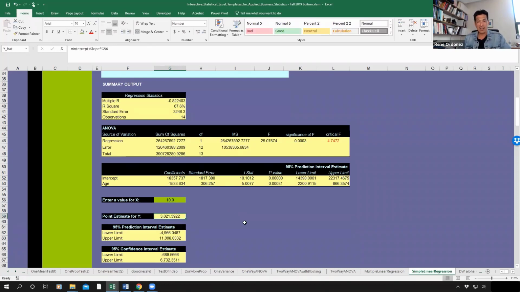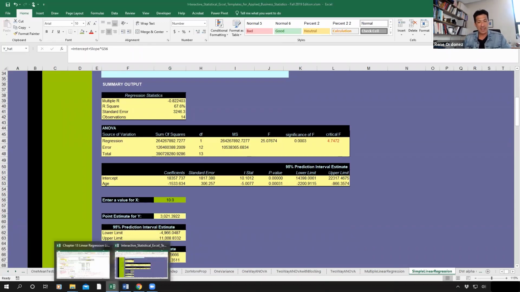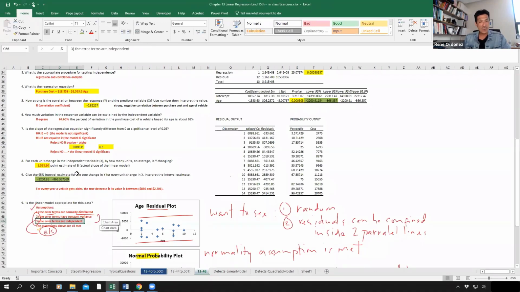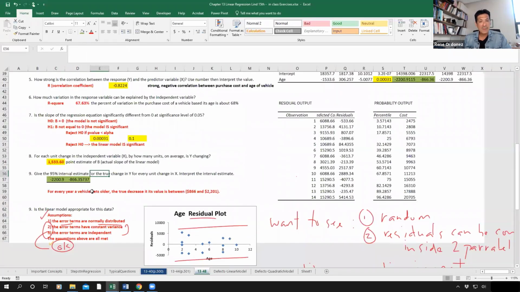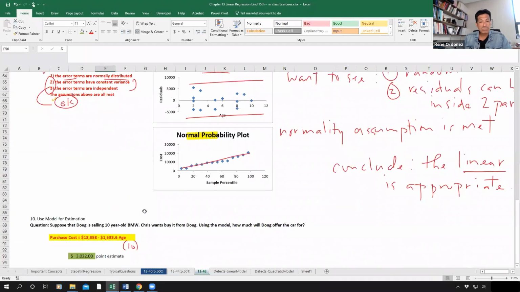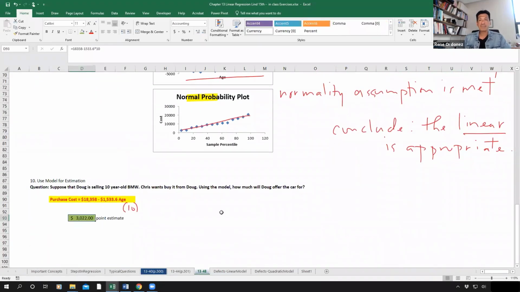Okay, so here you go. The point estimate is 3021. And when we computed that by hand, what was the value? Okay. Slight difference because this one is rounded. The decimals are rounded.